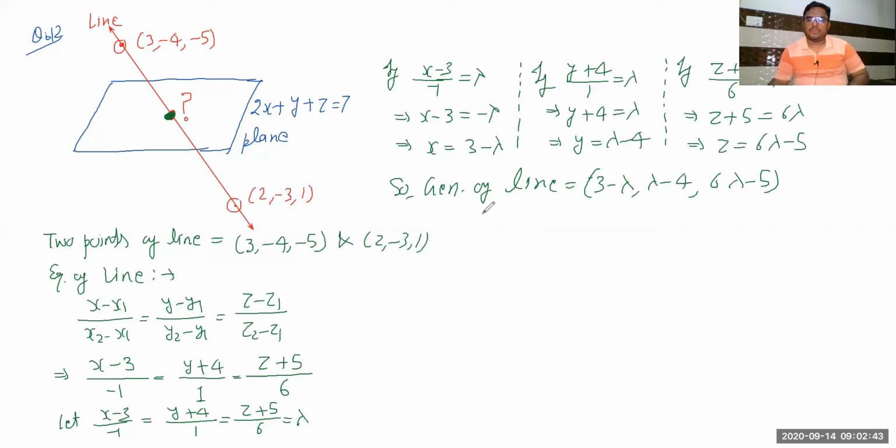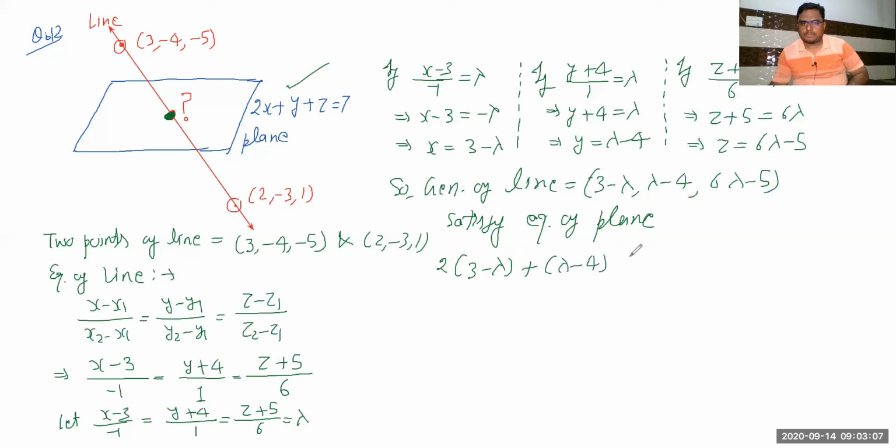So what will I do? I will satisfy the equation of plane with this general point. What was the equation of plane? You can see here. 2 into x, x is 3 - lambda, plus y, y is lambda - 4, plus z, z is 6 lambda - 5, and is equal to 7.